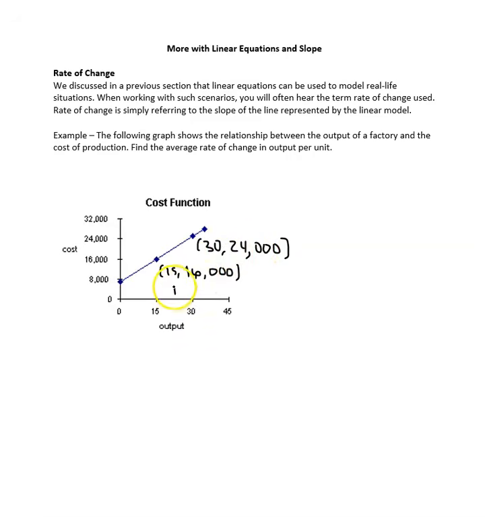So if I label this as point 1 and I label the second point I chose as point 2, I can plug these values into our slope formula and find the rate of change per unit. So our slope formula is m equals y2 minus y1 over x2 minus x1.